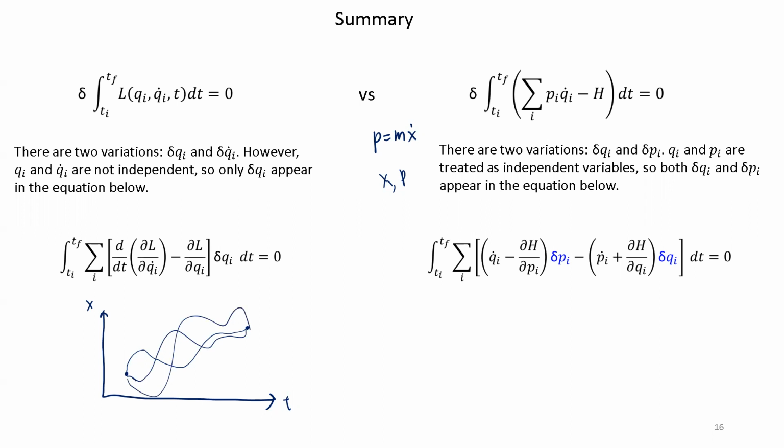Each path, I call this x as a function of time. Once you pick a particular path, that means you pick a particular form of x as a function of time, then you immediately know x dot as a function of time, because it's just taking derivatives. So no matter what path you pick, you cannot tell me that x and x dot are independent, actually. That's not true.